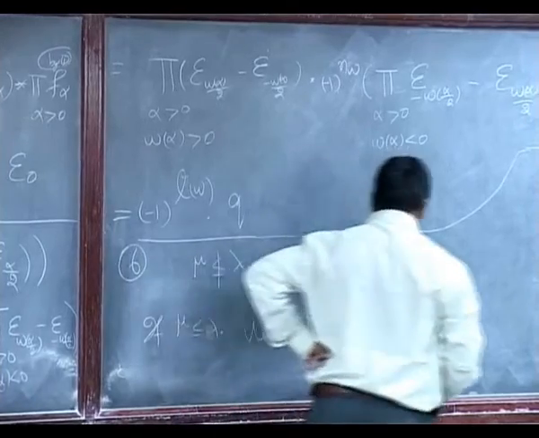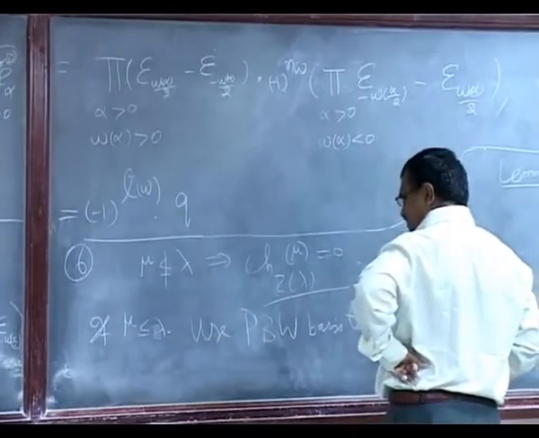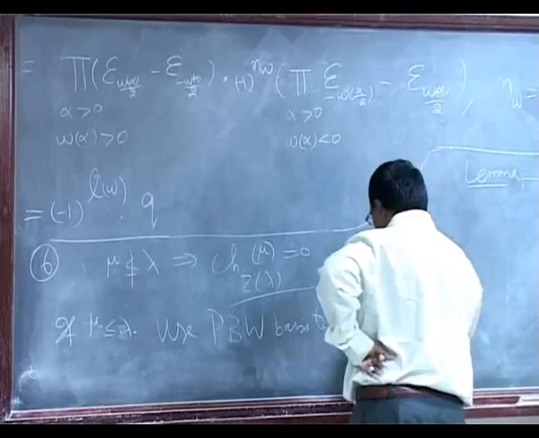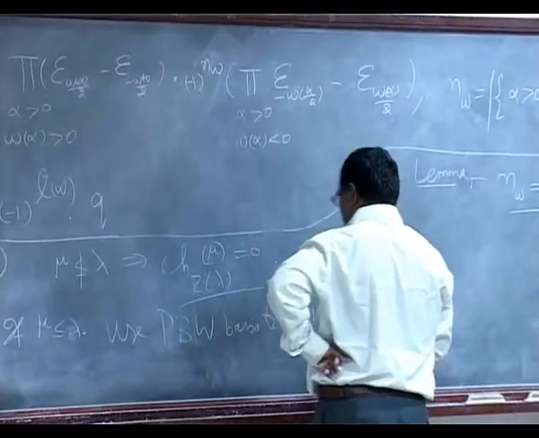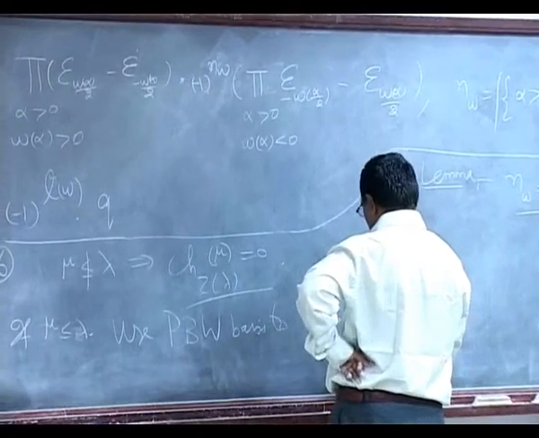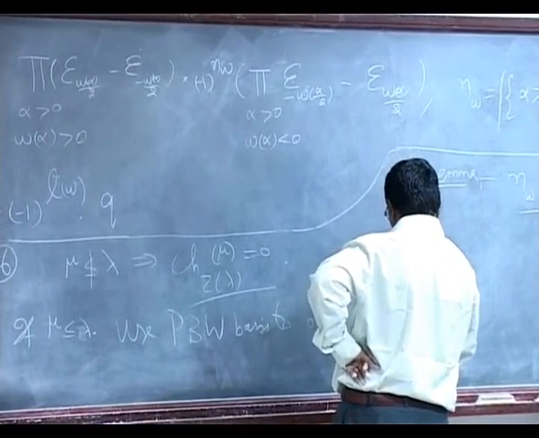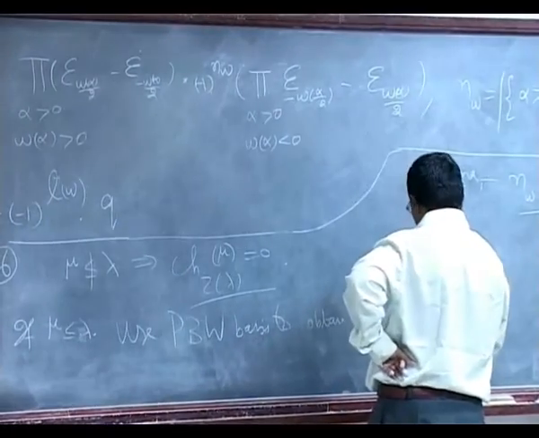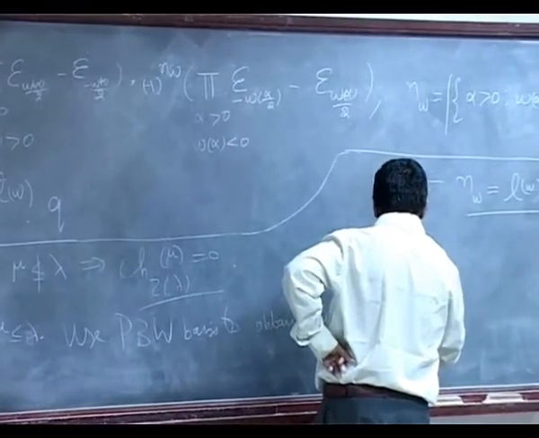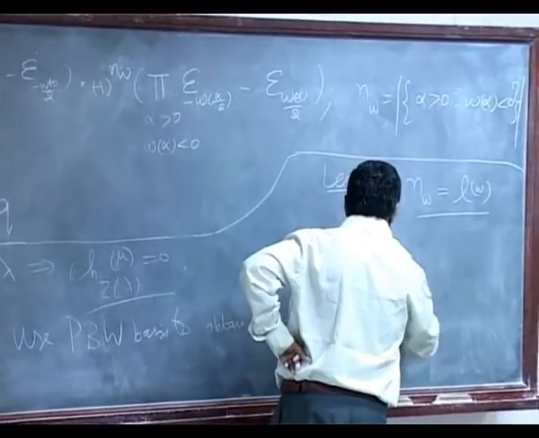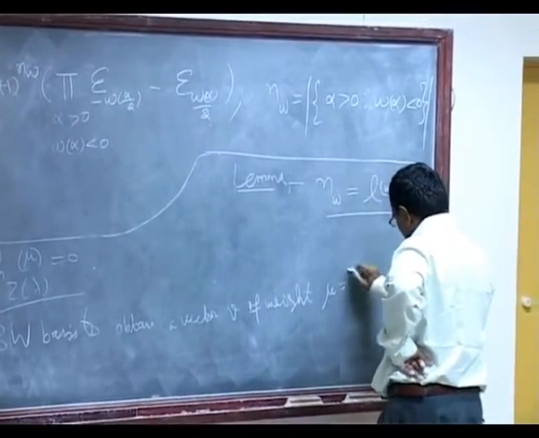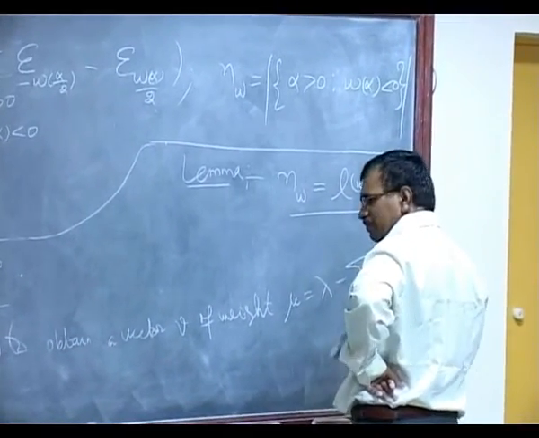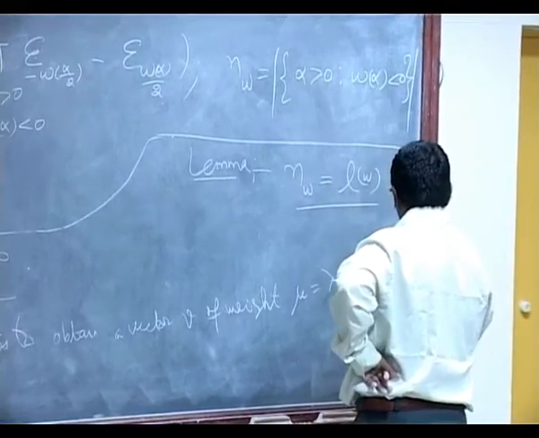to, so we have to write, okay, to obtain, for example, a vector V of weight mu, which is equal to lambda minus some sigma m alpha.